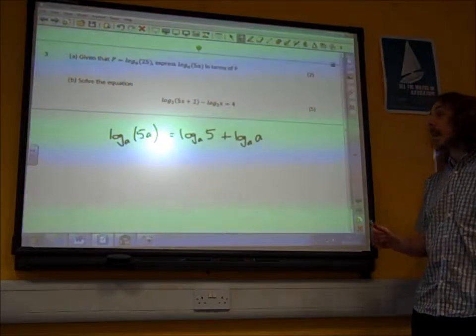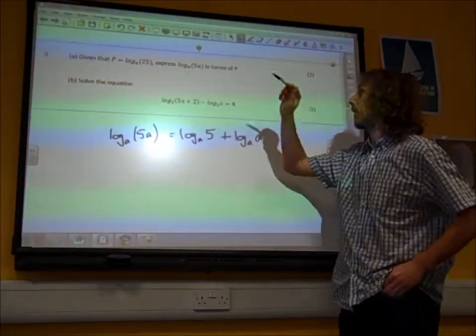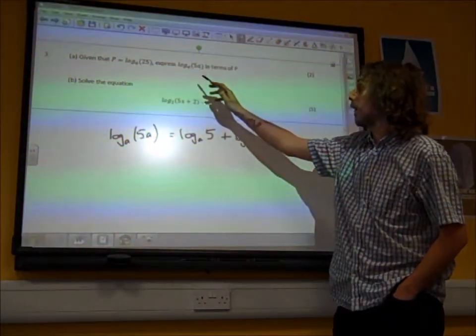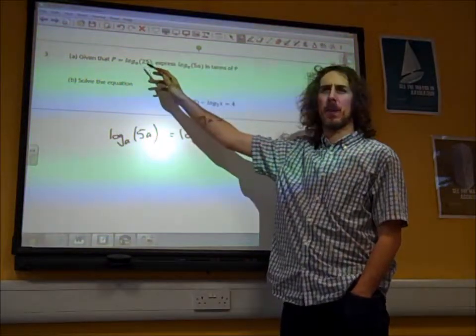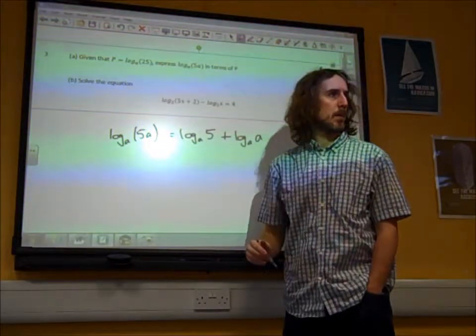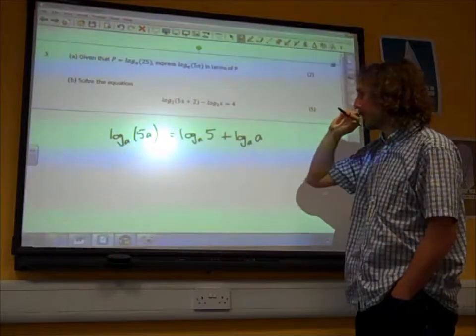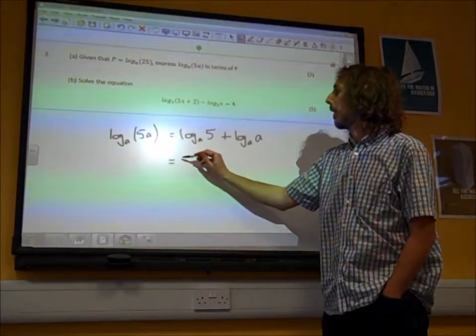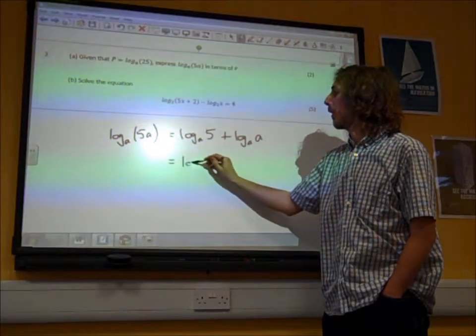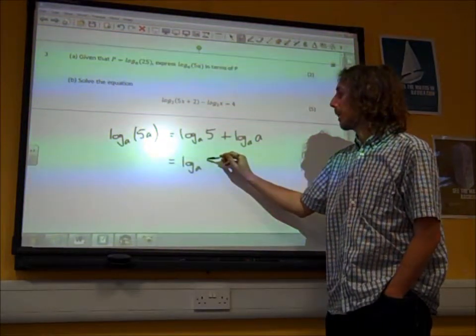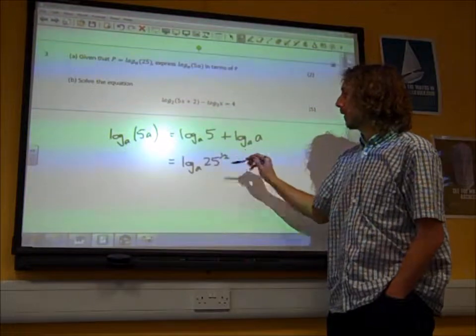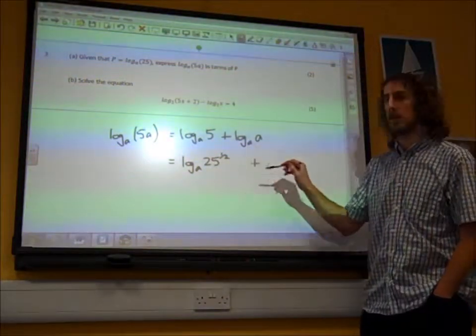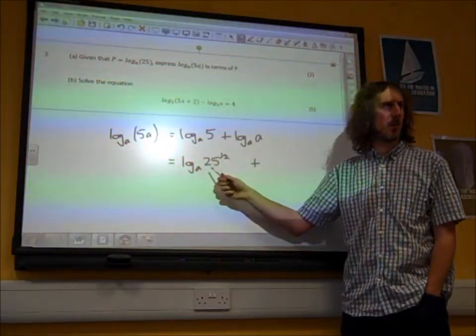You know that. And log base A of 5, the question says, oh hang on, the question says log base A of 25 is P. And we've got log base A of 5. Well, that's the same as log base A of 25 square rooted, isn't it? Yeah, because the square root of 25 is 5.